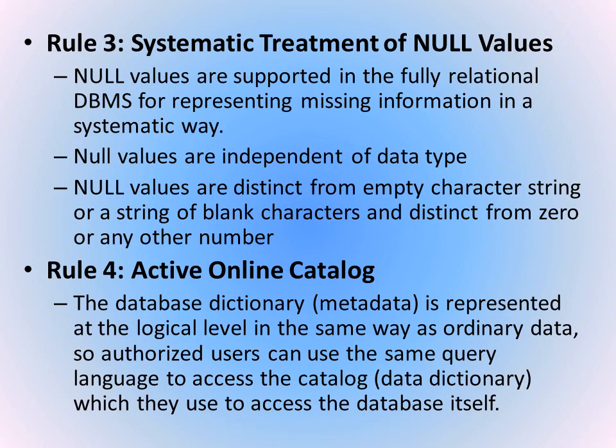Next, in short, this metadata or data dictionary should also obey all the characteristics of a database. Also, it should have correct, up-to-date data. So we should be able to access this metadata by using the same query language that we use to access normal data in the database.